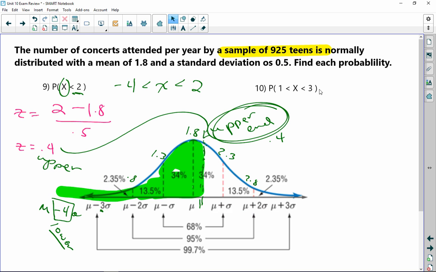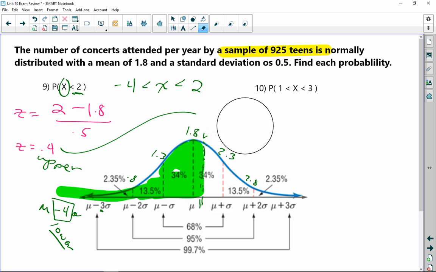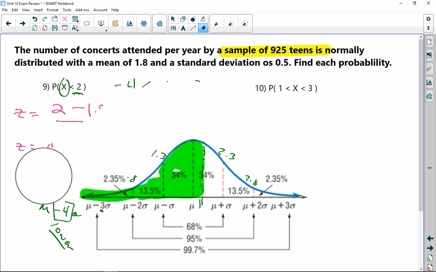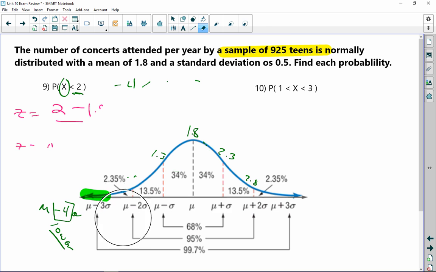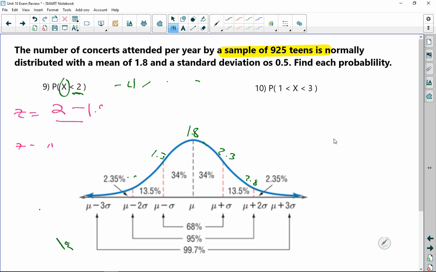Okay, so now look at this one. This next part. I'm going to erase this. Can I erase it? Yes. Pay attention here. 1.3, what was that last number? Okay, so now we want to find between 1 and 3.